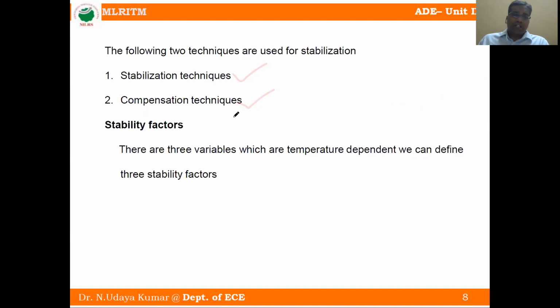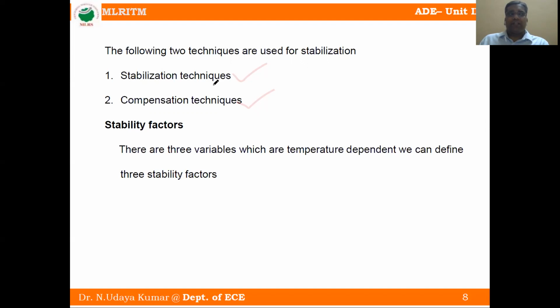We can also define it as: stabilization techniques consist of a biasing circuit which permits variation of base current IB so as to maintain the IC almost constant in spite of variation of IC naught, beta and VBE. So that is called stabilization technique.